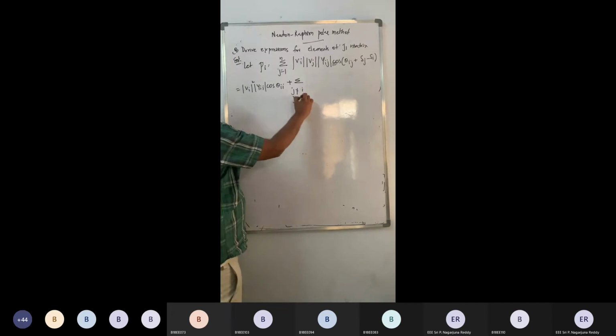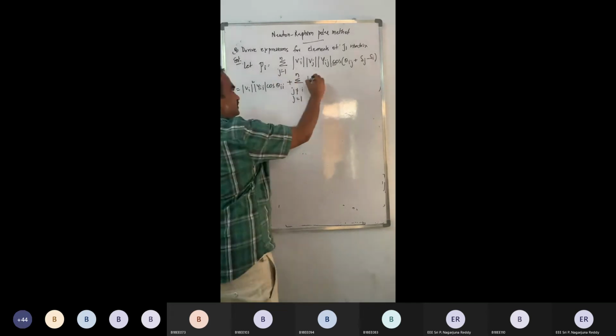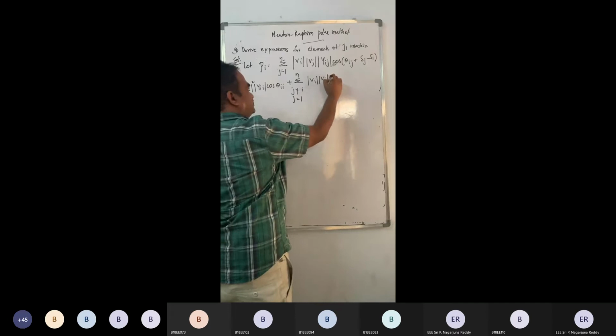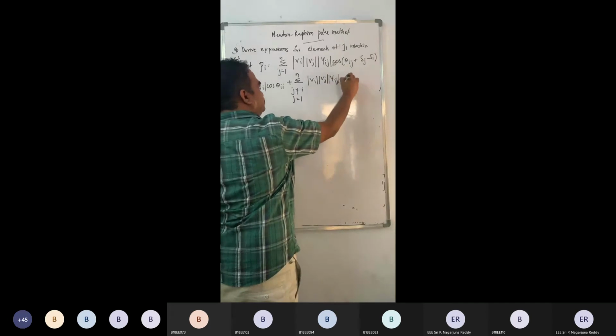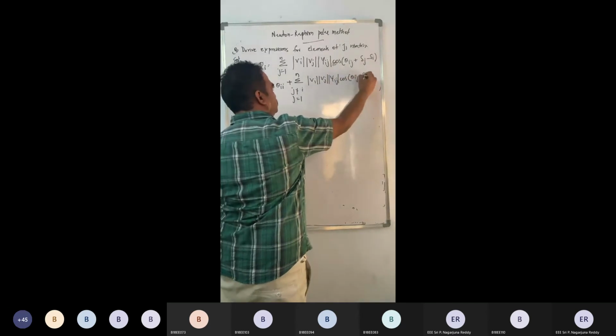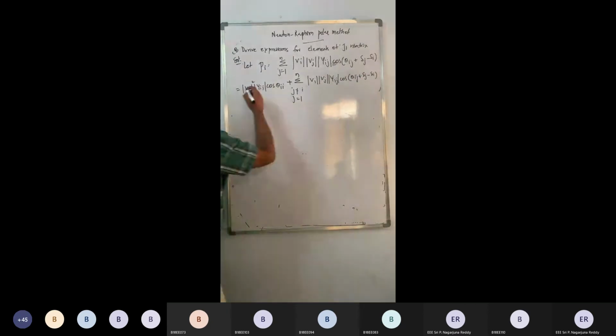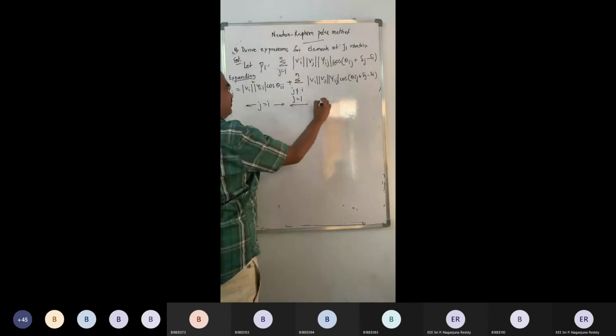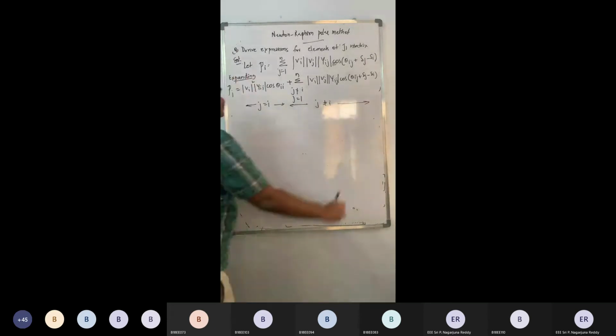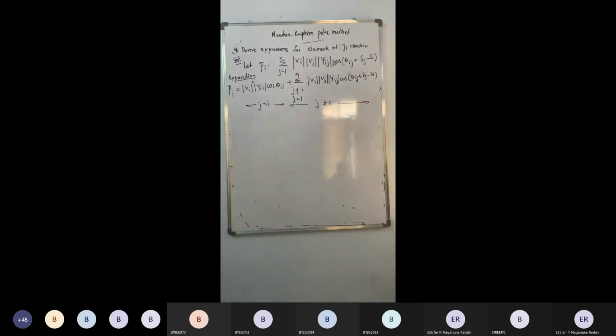Here j is equal to 1 to n, j is not equal to i, my equation remains the same because j will be varying all the time. This is my Pi equation, I am expanding that. This is for j is equal to i, and this is for j is not equal to i. Have we understood now, guys? Expansion of Pi equation. Yes, sir.